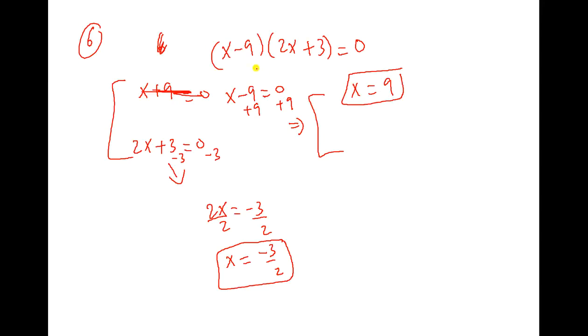Remember, if a times b equals 0, this tells you that either a equals 0, or b must be 0, and then solve for x for each case that you have here.